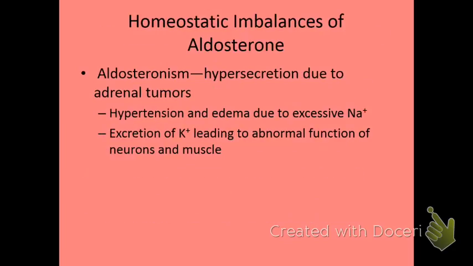We also have aldosteronism, which is hypersecretion due to adrenal tumors, which causes excessive sodium retention. So we get excretion of the potassium, leading to abnormal function of the nerves and the muscles. You see this quite often too in elderly, where they'll lose potassium in the kidneys, and they end up having situations where they're no longer in control.